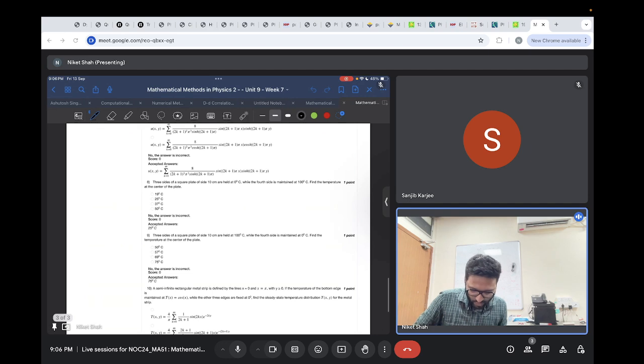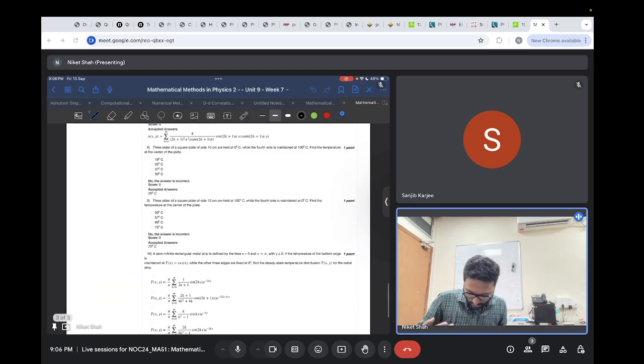Three sides maintained at 0, fourth side at 100. So exactly the same. Ninth question: three sides of a square plate are held at 100, fourth side at 0. Find the temperature at the center of the plate. Again absolutely the same thing, but there might be a difference in the initial function that you choose.